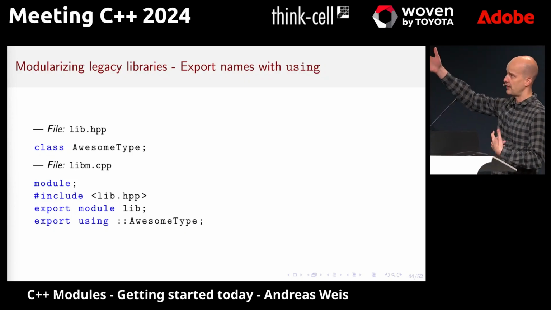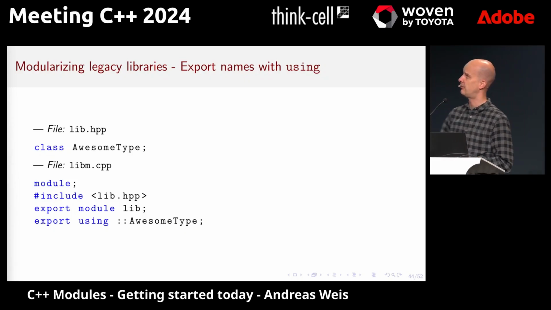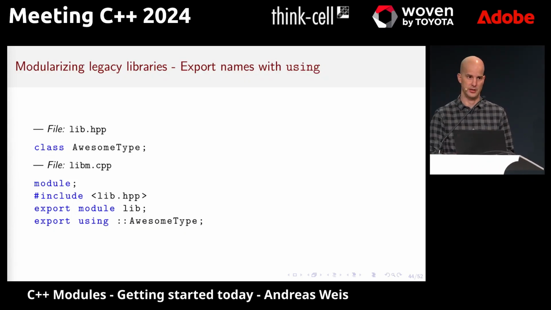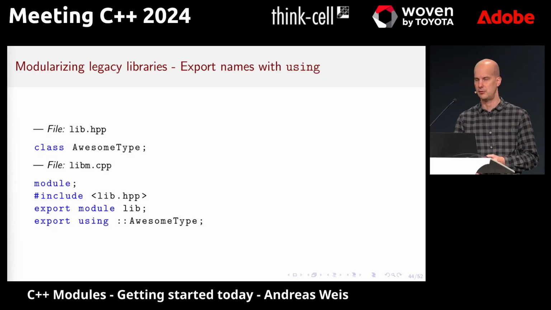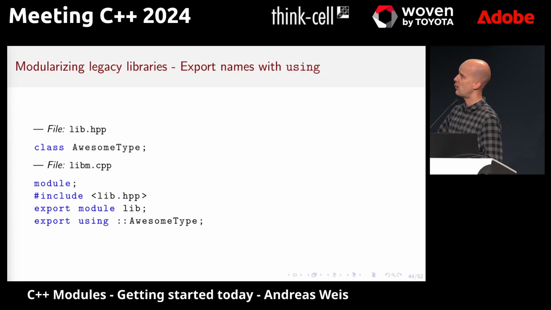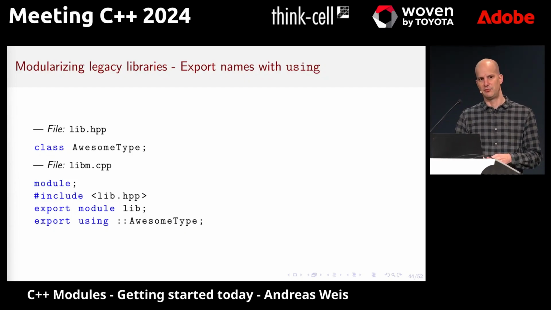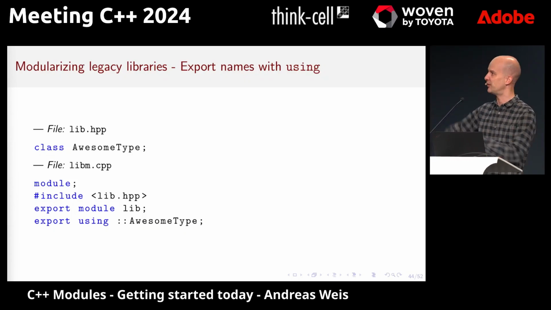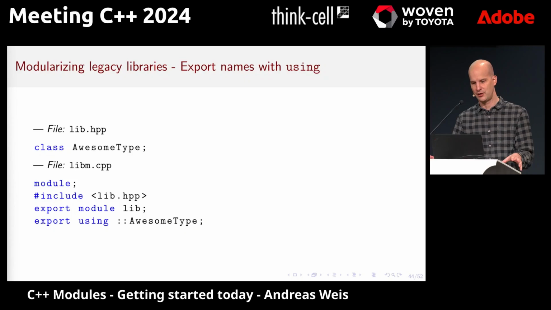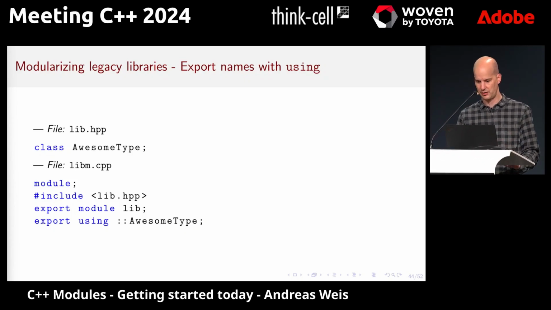I cannot export anything from the global module fragment, but I can export the alias from the module. So export using is a big use case for this that we didn't have before. One thing to take care of: you really should fully qualify the name, for complicated lookup reasons that I don't want to explain, but just take it as a guideline. Always fully qualify the name if you do this. But then it's a pretty powerful trick.